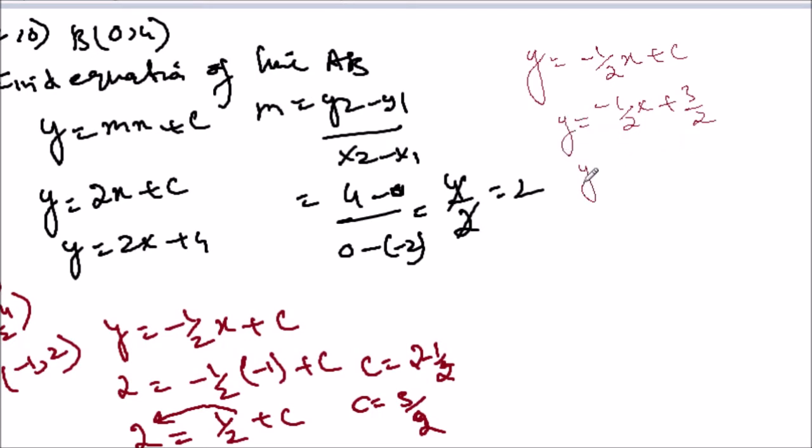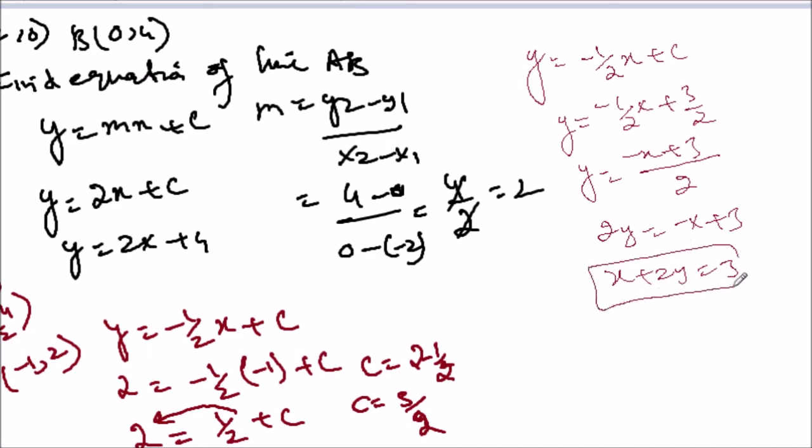Or you can say 2y is equal to -x plus 3, or x plus 2y is equal to 3. All these forms are acceptable. Okay, that is question 27 from May-June 17 question paper 22. Now I'm doing another question.